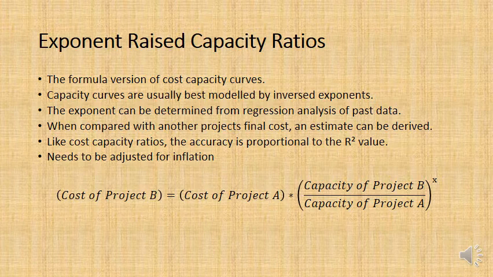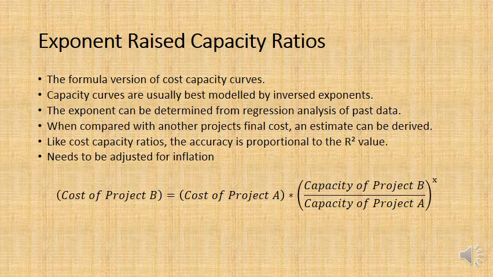Basically, you compare projects' final costs with their sizes, and from that an estimate can be derived. And just like cost capacity curves, the accuracy is proportional to the R-squared value, and also if you need to interpolate as opposed to extrapolate. And remember too that if you're using historical data, you need to adjust your estimate for inflation.